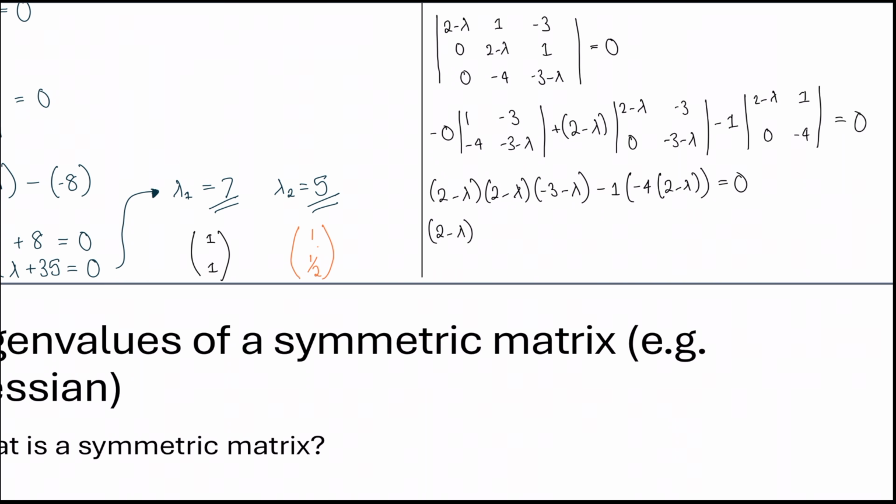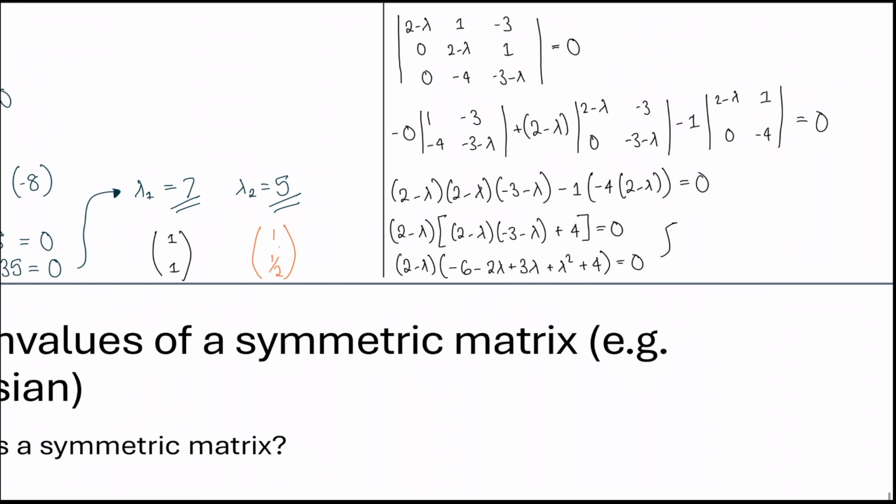I'm just going to factorize out 2 minus lambda, so then I am left with 2 minus lambda, minus 3 minus lambda plus 4 is equal to 0. And so we get this, and then if I collect all the like terms, we get lambda squared plus lambda minus 2 is equal to 0.